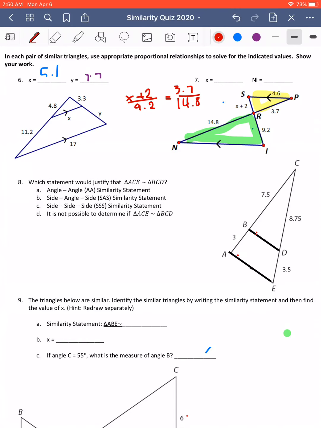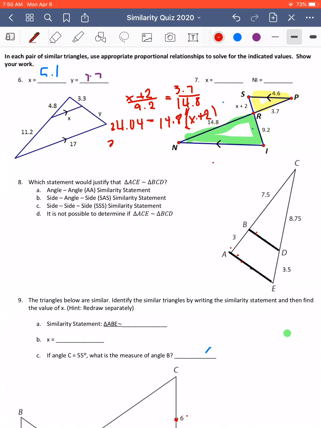So 3.7 times 9.2 is 34.04. And then we would have 14.8 times x plus 2 in parentheses.